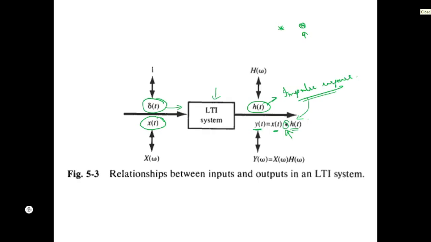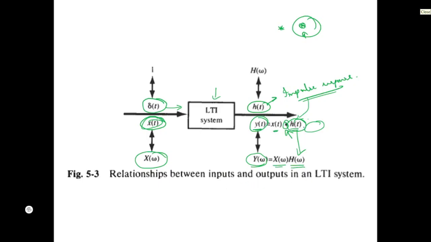Now, how can the Fourier transform help you? This convolution is quite computationally hungry. You will have to do a lot of computation to find the output of the system. However, if we convert x(t) into its frequency domain component, and similarly convert h(t) into its frequency domain component, then my output in the frequency domain is given by X(omega) multiplied by H(omega).